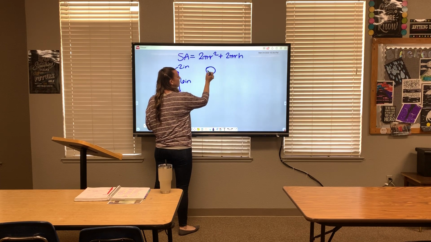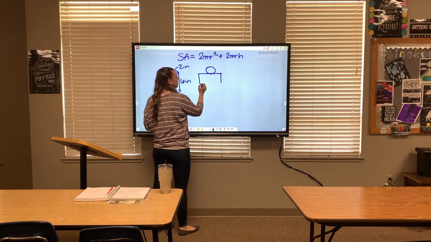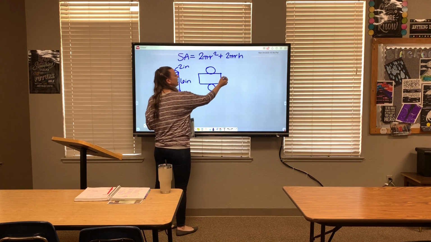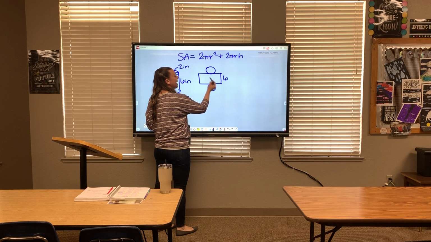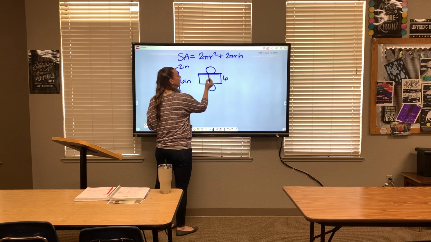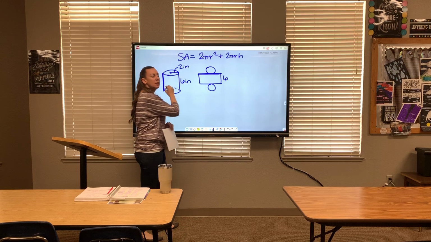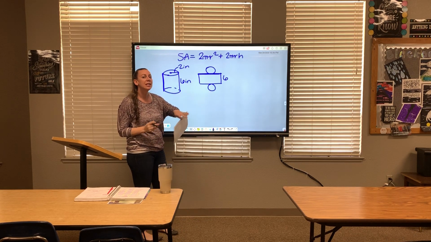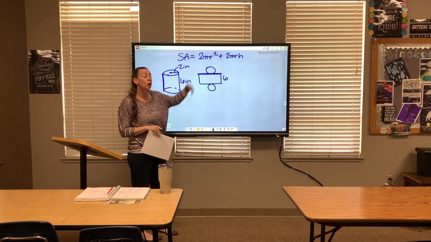If I do a circle and I do the net here, I have 2 circles, and I have 6 inches here. I need to find that circumference, and in order to do that, I have to work with the radius. So I can do it doing the net, but I'm going to do the same exact work, okay?